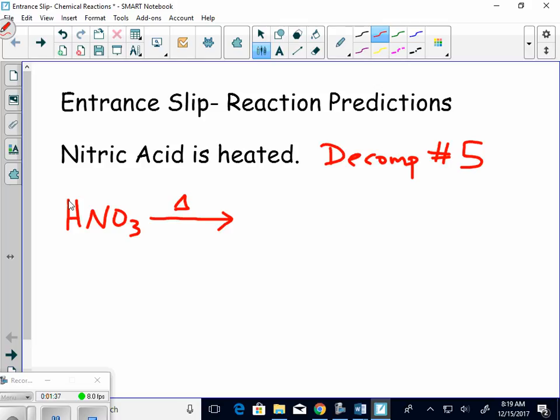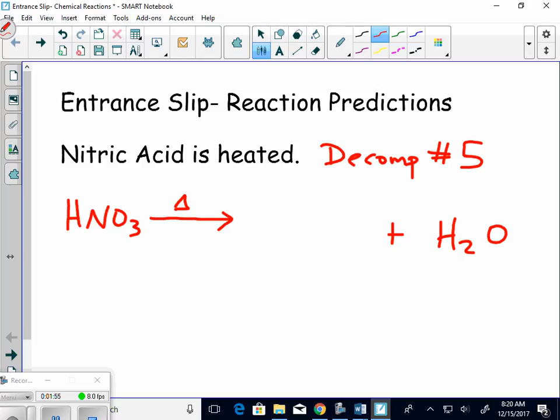So I'm looking at this right here. I know I got an oxyacid heated. It's going to give me a nonmetal oxide and water. So I know that one of my products is water.